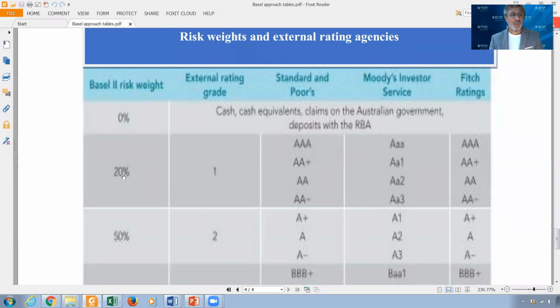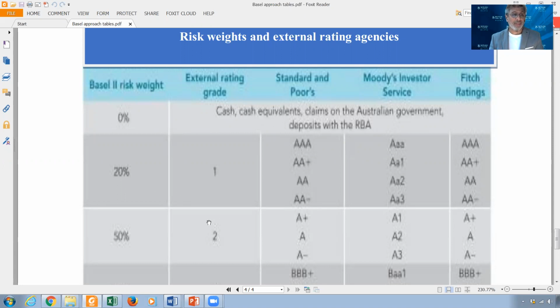So we have 20%. Anything which is cash equivalent, claims on the Australian government, which is all those government securities, is 0 weight. See? So if I have such assets, I don't have risk on that as a credit risk. Remember, as a credit risk. So it's 0. But if it is from AAA to A, I will not give you the number, I will give you the rating of the rating agencies.